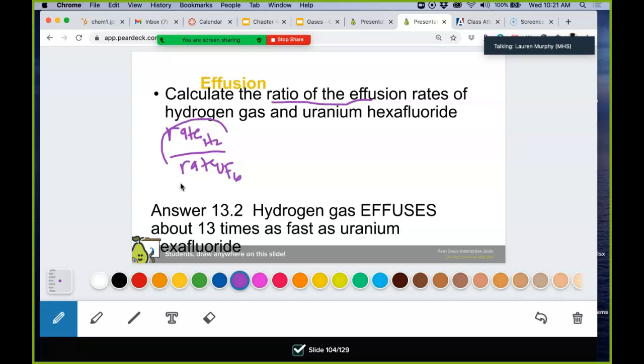That's this entire thing. This is a ratio of rates. So I just plug in the square root. Uranium hexafluoride goes up there, hydrogen goes here. I think uranium hexafluoride is 352 something. Let me double check. And then hydrogen is 2.02 grams per mole.